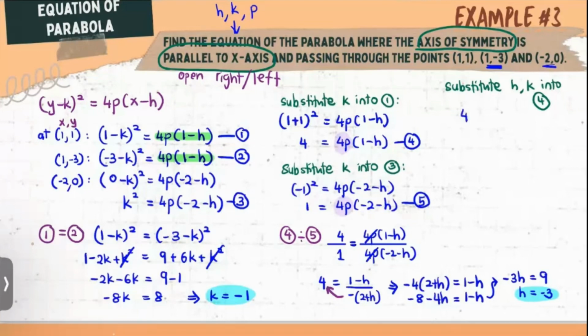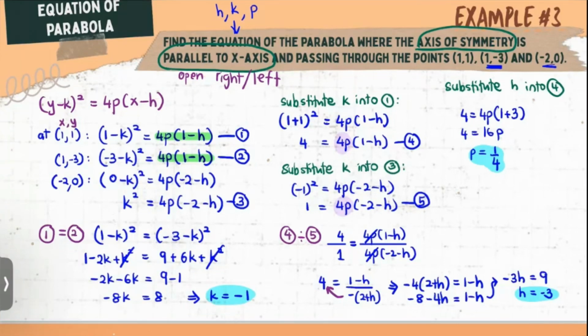So, 4 equals to 4P 1. Sorry, kita tak ada H dah. Tak ada K dah. So, ini saja. Into 4. So, 4P 1 plus 3. So, saya ada 16P. Dan P will be 1 over 4. Okay. So, P adalah 1 over 4.